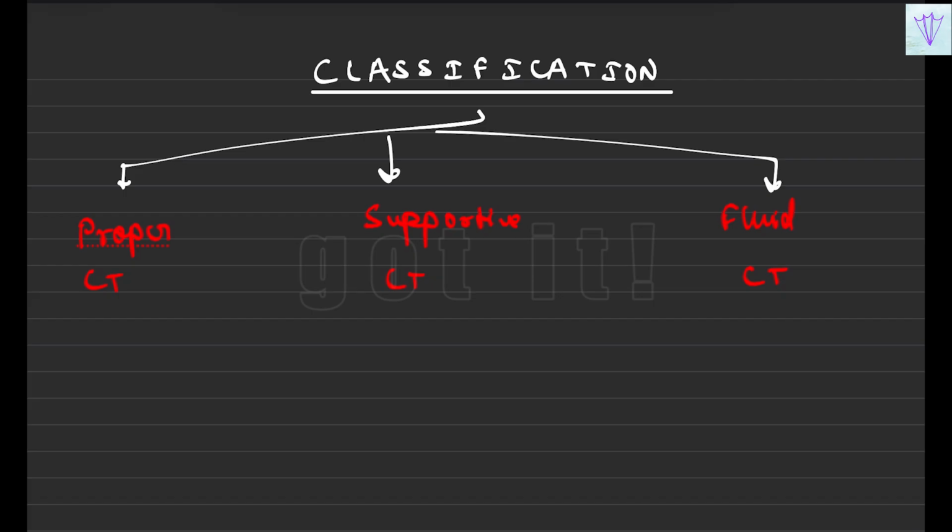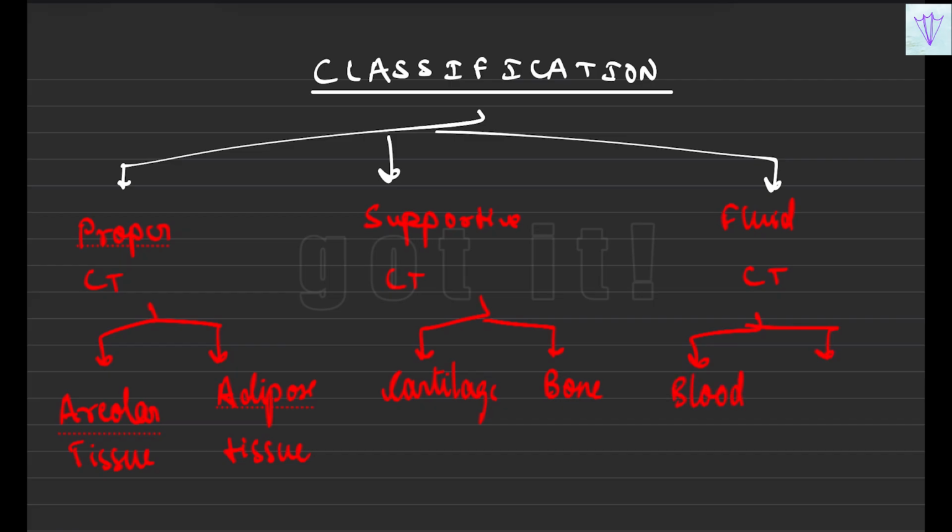In proper connective tissue we have the areolar tissue and the adipose tissue. In supportive tissue we have cartilage and bone. And in fluid connective tissue we have blood and lymph.